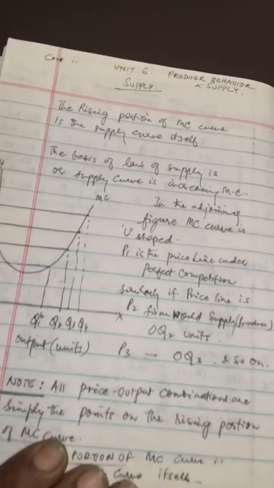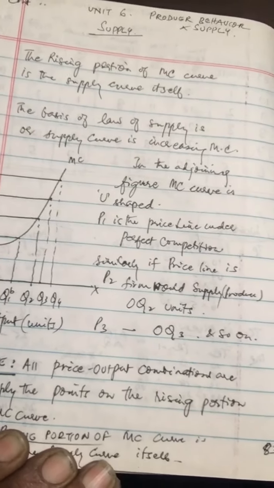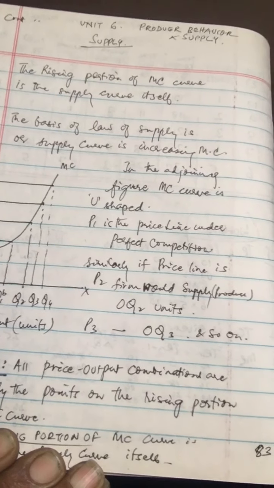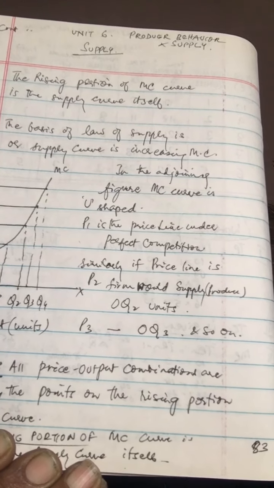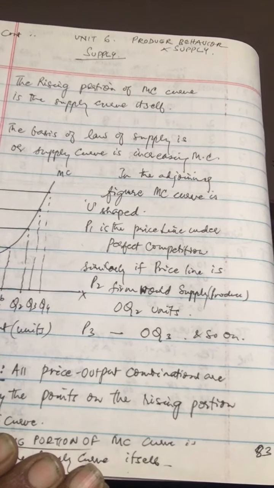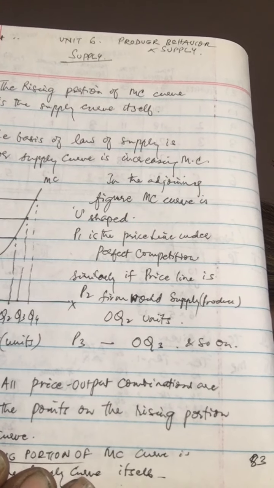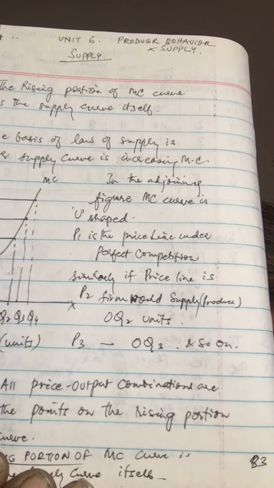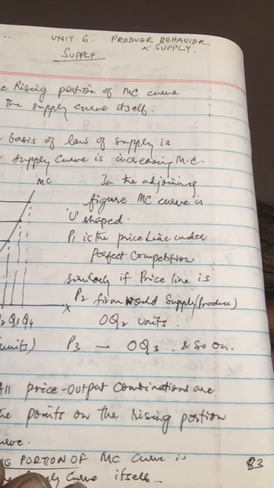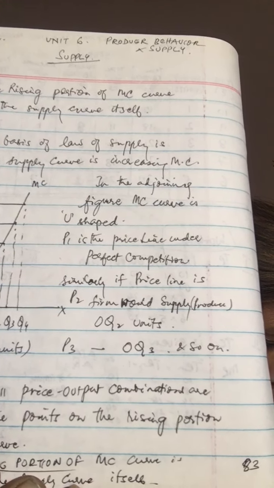Look at this. This is what we're going to explain: the rising portion of the MC curve is the supply curve itself. So the basis of the law of supply, or supply curve, is increasing marginal cost.